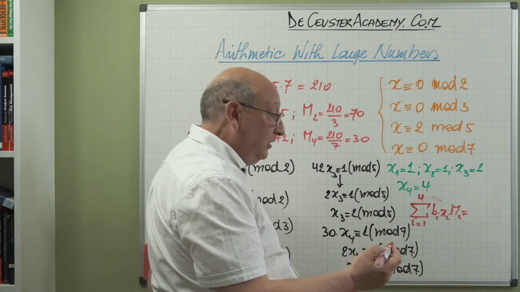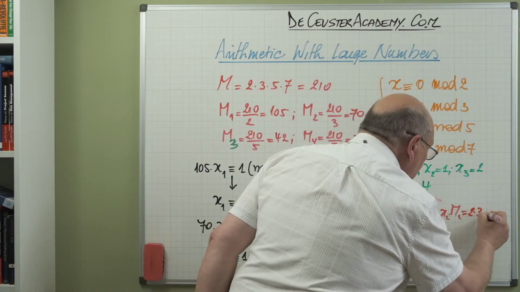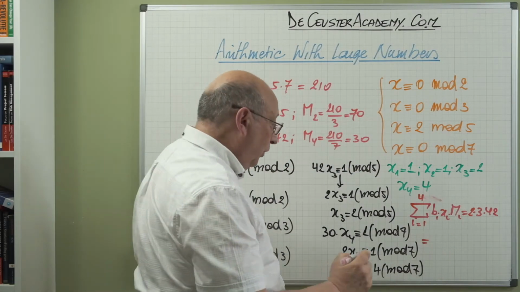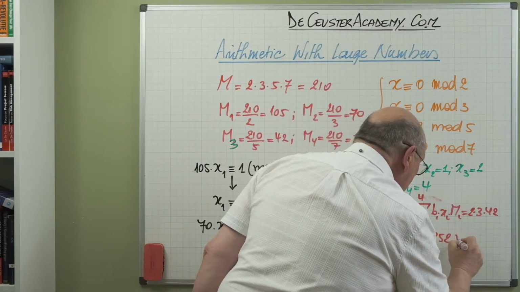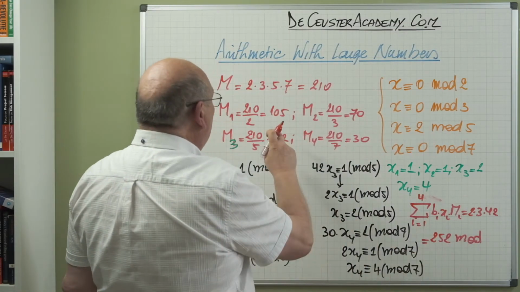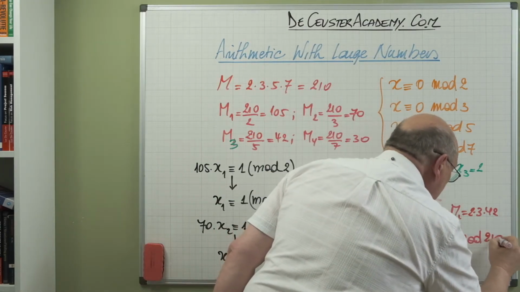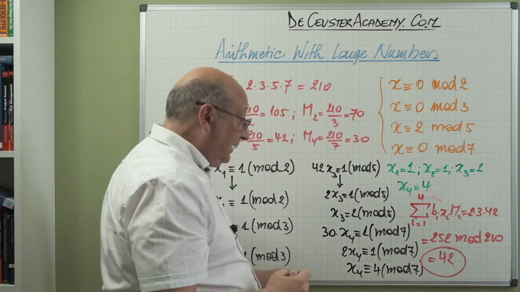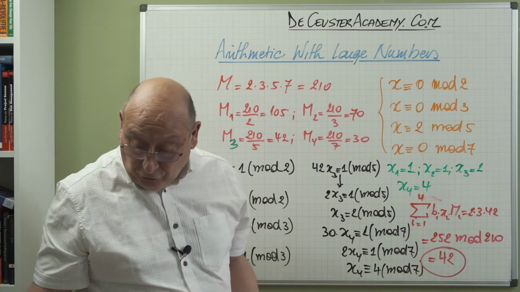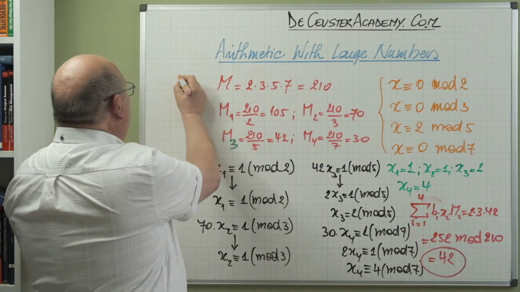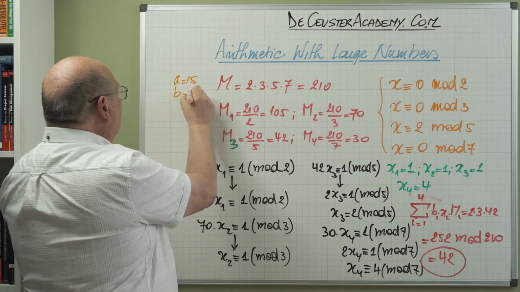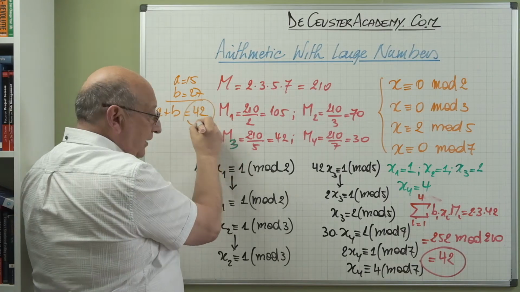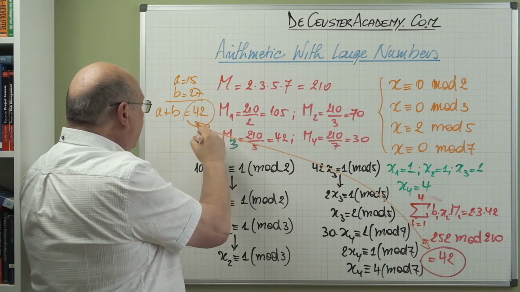So we have here 2 times 3 times 42, which gives us the result of 252 modulus 210, which is in fact 42. And that's basically the result. Now, when we go back to the original numbers, A is 15, B is 27, so A plus B is 42. And those are basically the same.